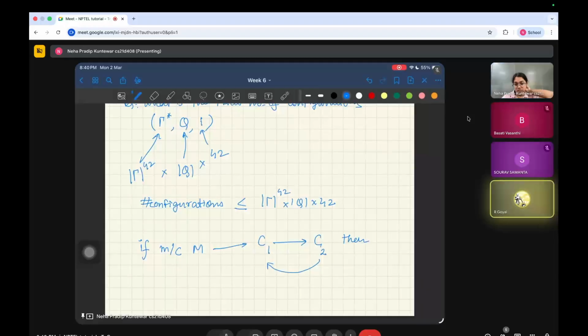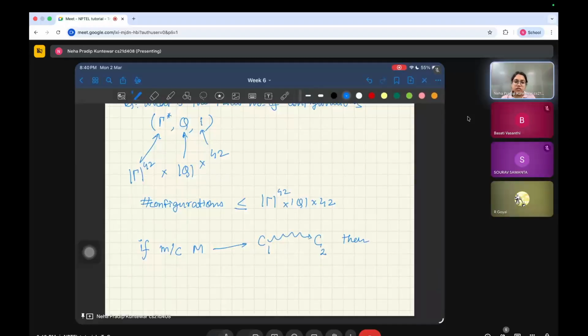What I mean is there is a series of configurations that will take you from C1 to C2.